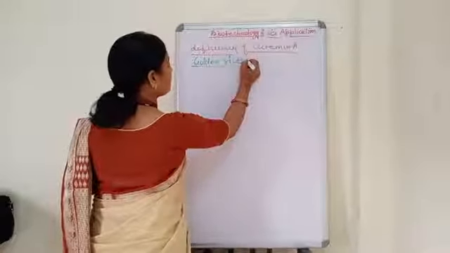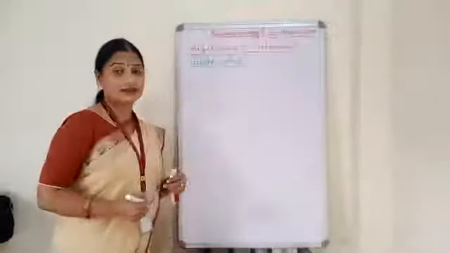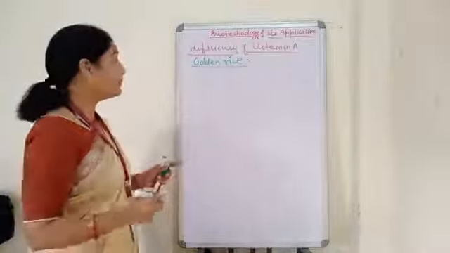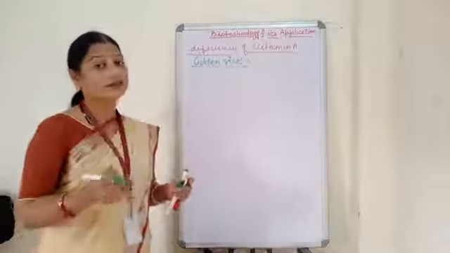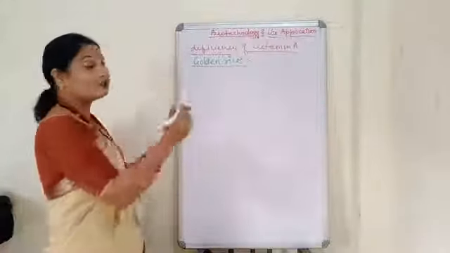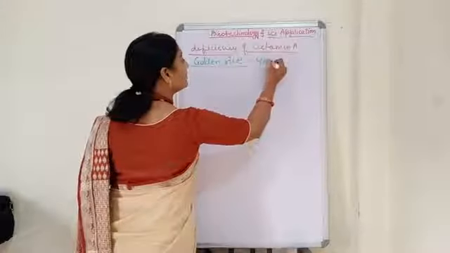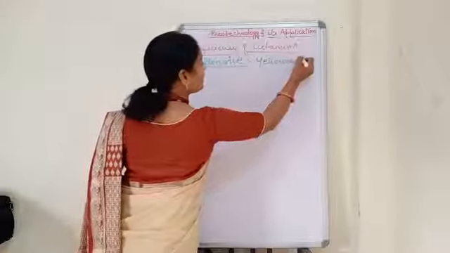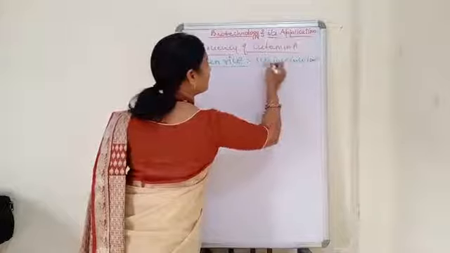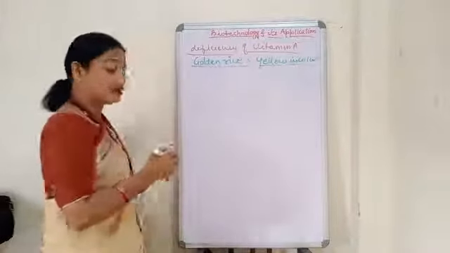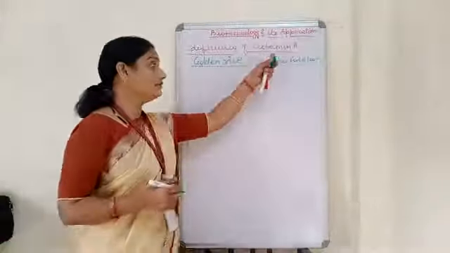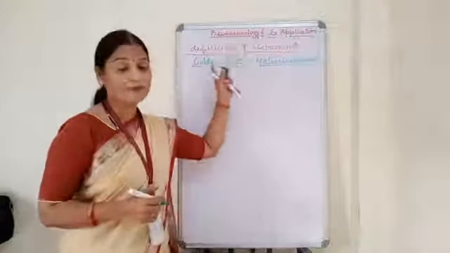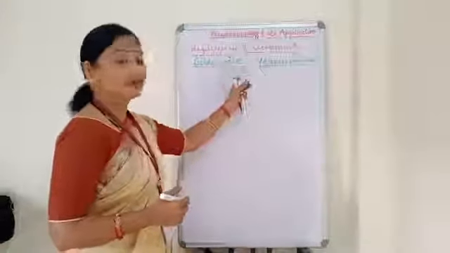Now the meaning of why we are calling it golden rice is because the rice looks yellow in color. Because of this yellow color, we gave the name golden rice. Now see children, what is the deficiency of vitamin A and why we are taking this golden rice.